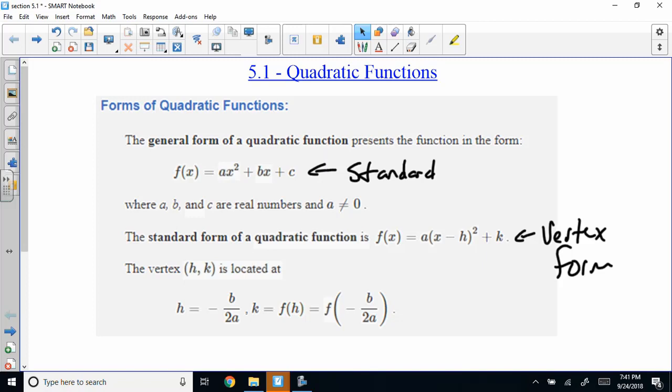But I understand it is a general form, right? That is technically the general form, basically because of the conic section, when you talk about parabolas and all that. But the vertex form is really what we call the second equation. Is everybody with me on that?